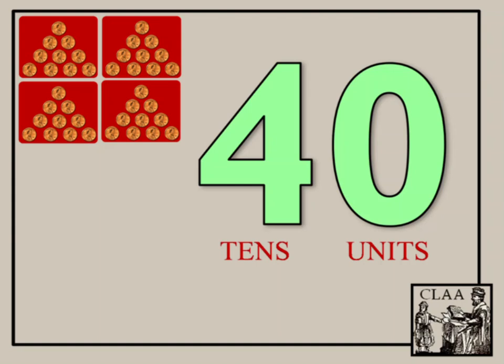There are 4 sets of 10 pennies. 4 sets of 10 is 40. There are 40 pennies. You can see the number written on your screen has a 4 in the tens place and a 0 in the units place. There are 4 sets of 10, or 40.